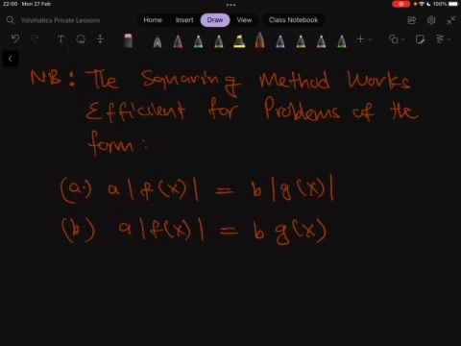Once there are things outside the absolute function, like maybe a plus c, you cannot use it.